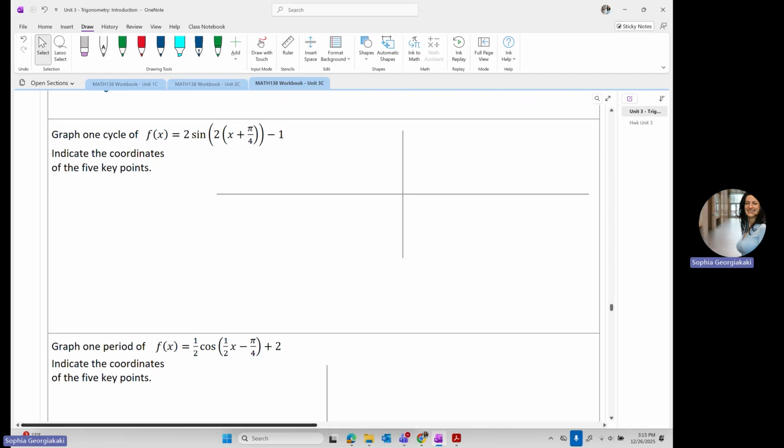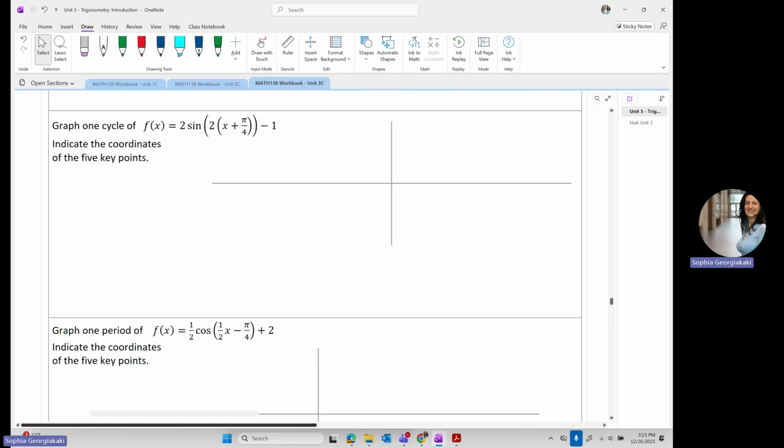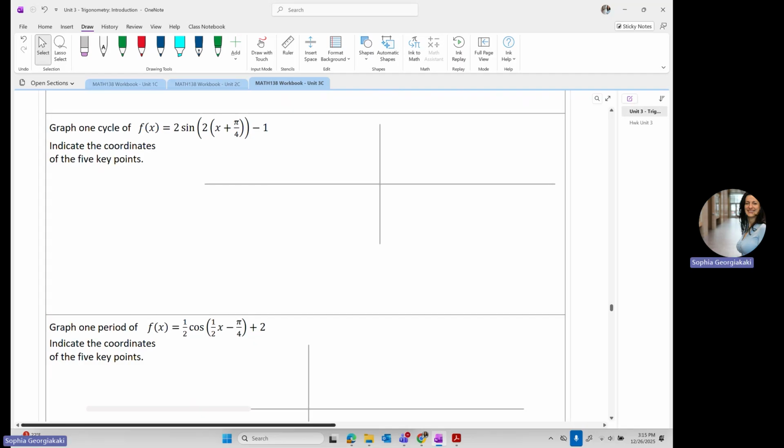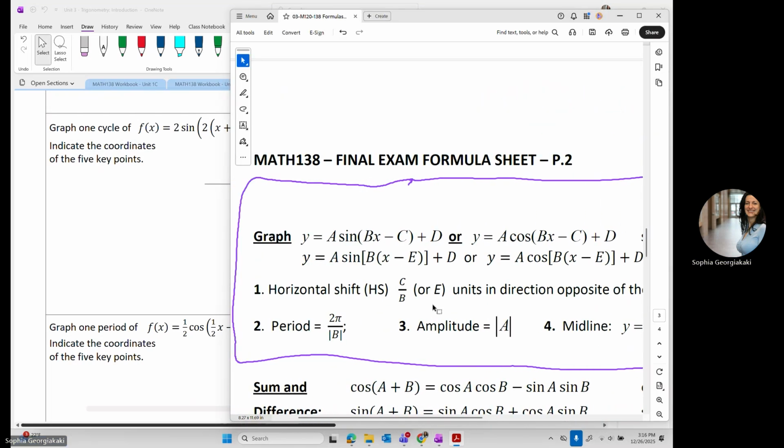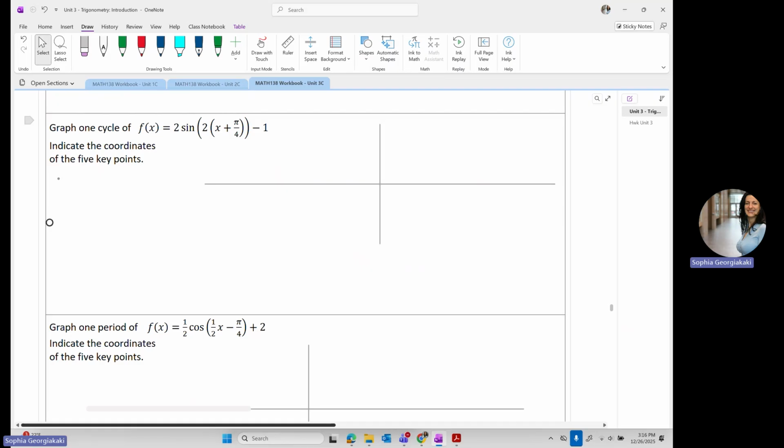We will have A and B and C. In this example, the function they gave me looks like this. So I'm looking for A, B, E, and D. The A is over here, the number 2. That makes the amplitude equal to 2. The B is 2.